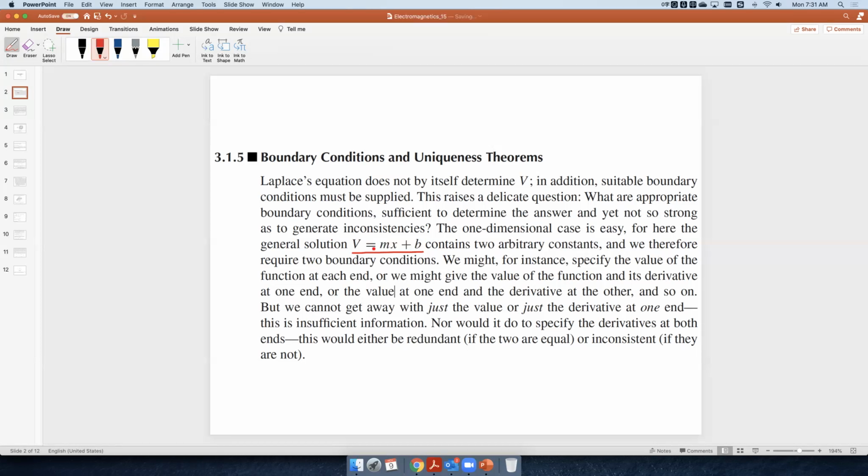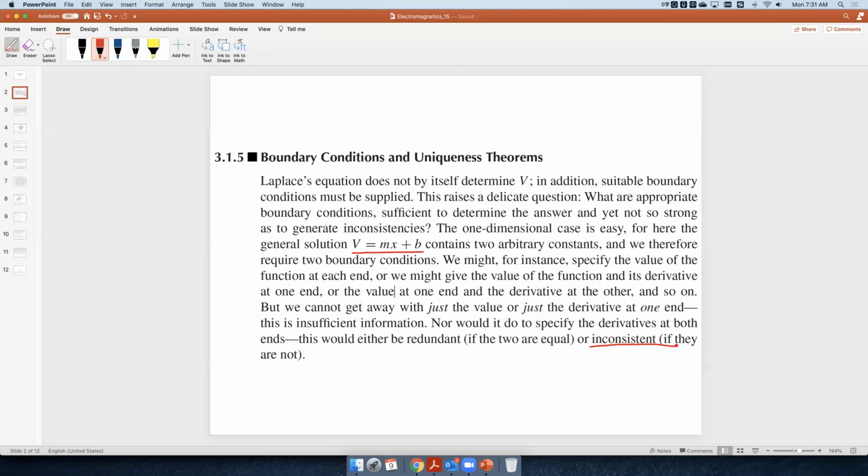But if you get three sets of values of v and x, things become more complicated. With two values, you get the specific solution, but if you have three values, either they could be redundant, or in the worst case, you might get an inconsistent set of values, which doesn't help you determine the constants m and b.